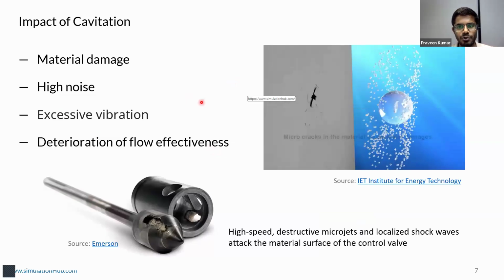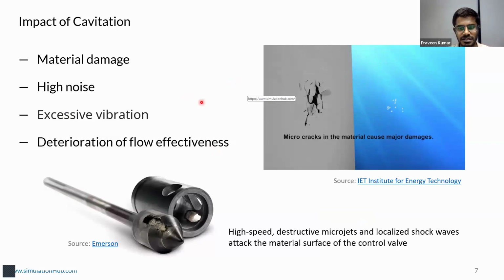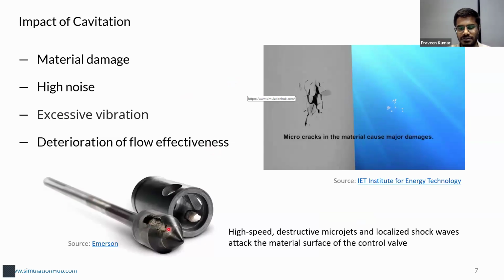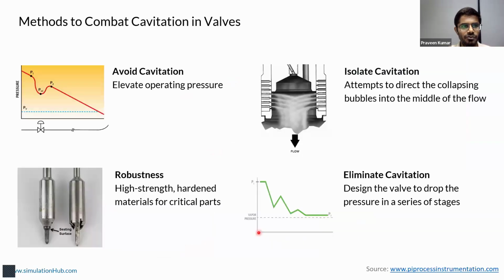Prolonged exposure to cavitation causes this kind of damage to important parts of the valves, either the plug, the cage or the valve body itself. So what are the methods to combat cavitation in valves? There are four ways you can do that.